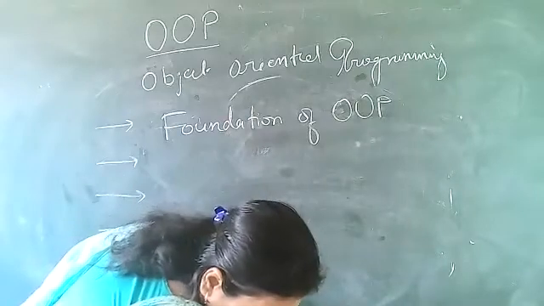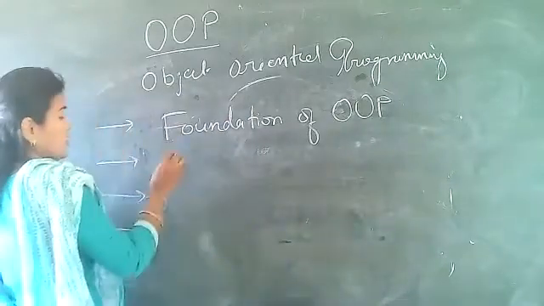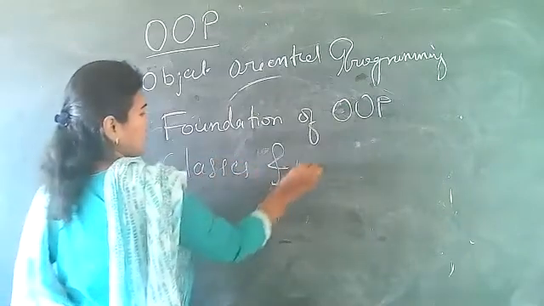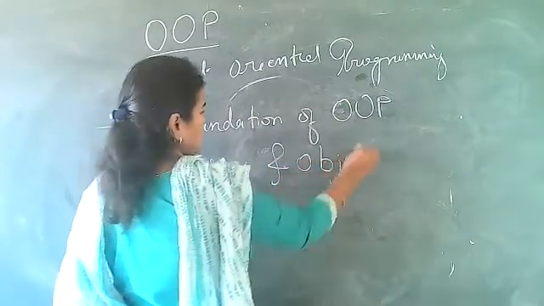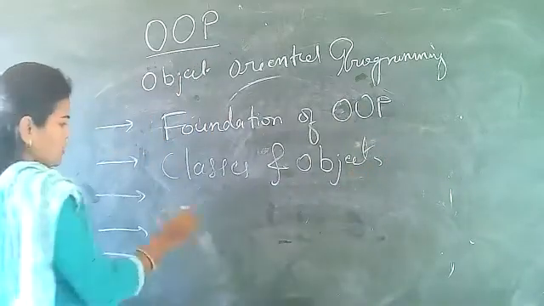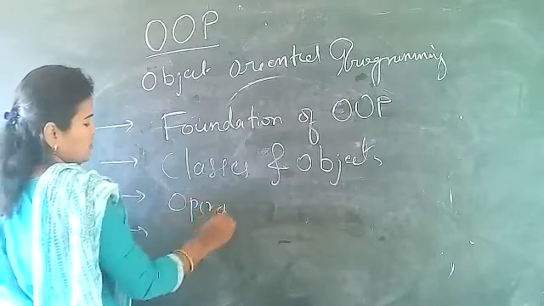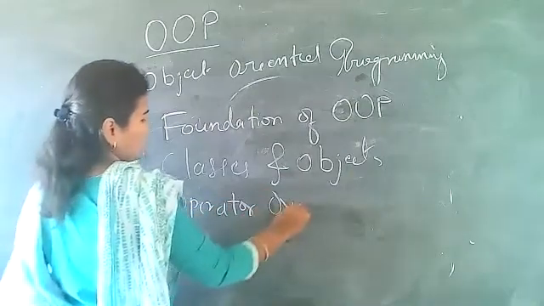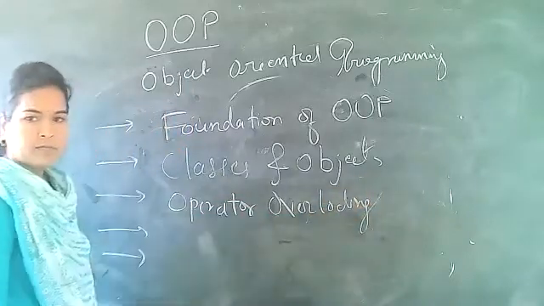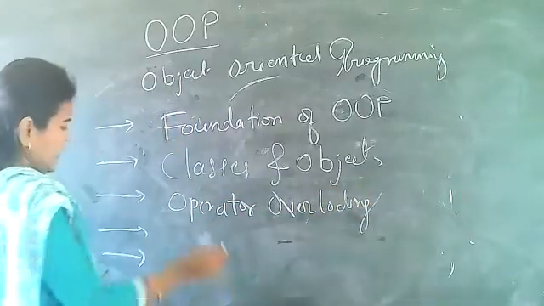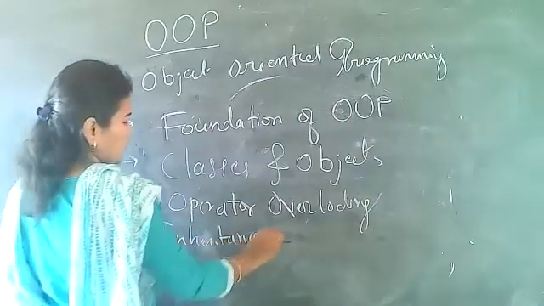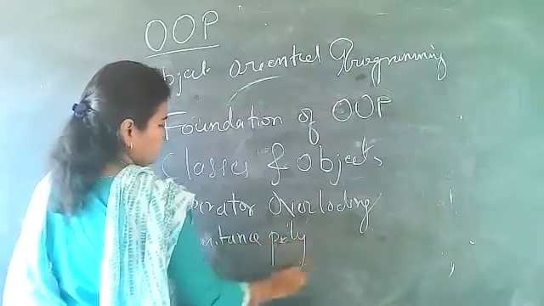Foundation of OOP. The next unit is classes and objects. Next is operator overloading. Next, inheritance and polymorphism.